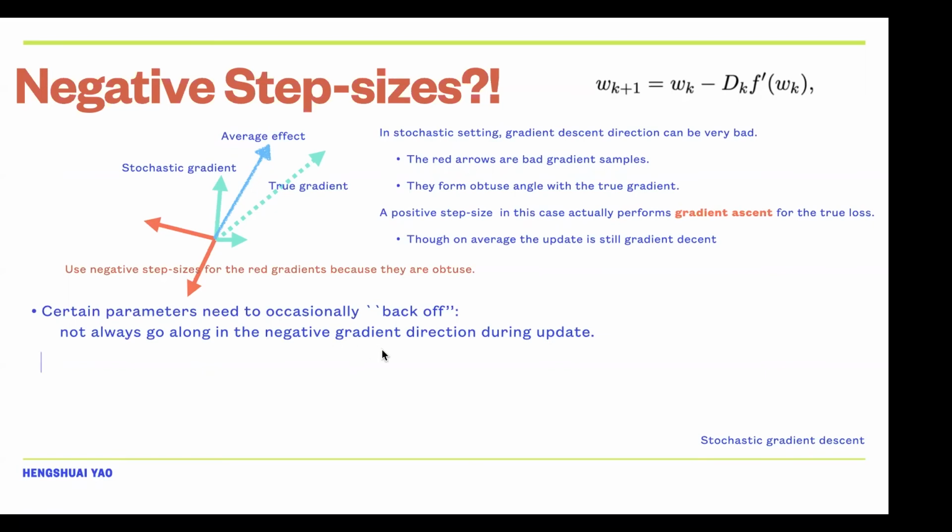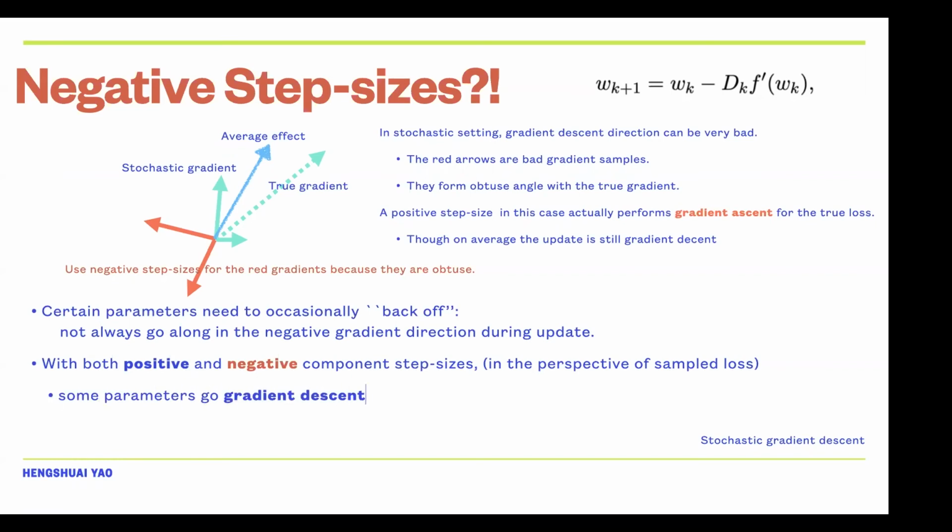With both positive and negative component step sizes in the prospective sampled loss, some parameters go gradient descent, but some other parameters go gradient ascent for faster learning. This sounds really weird. I take a few moments to comprehend this.